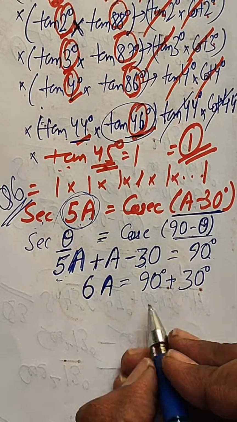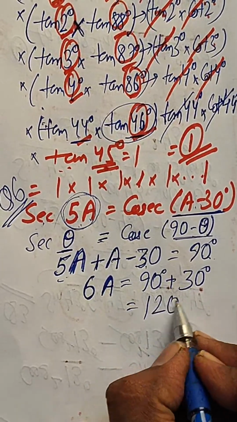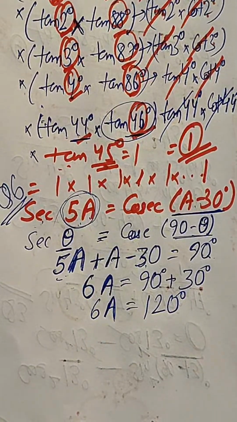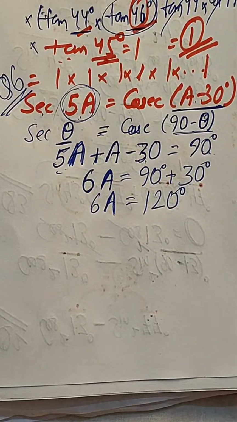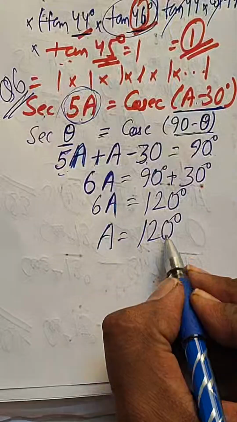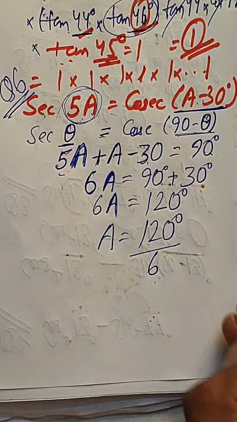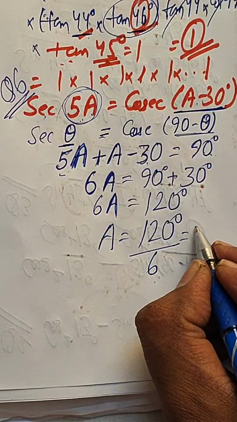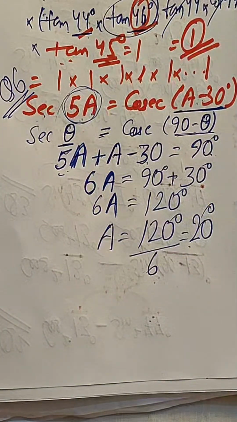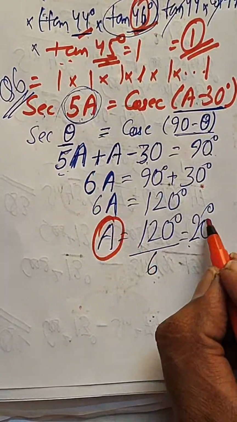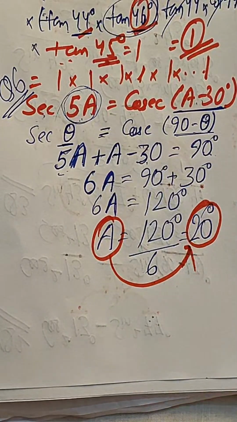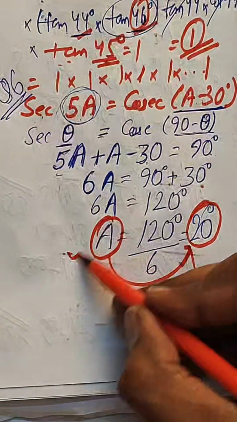So this will give you 120 degree as the value of 6a, and finally you get the value of a as 120 degree divided by 6. So the value of a is coming as 20 degree, right? So this is your answer.